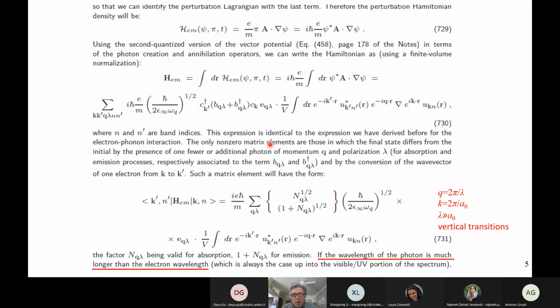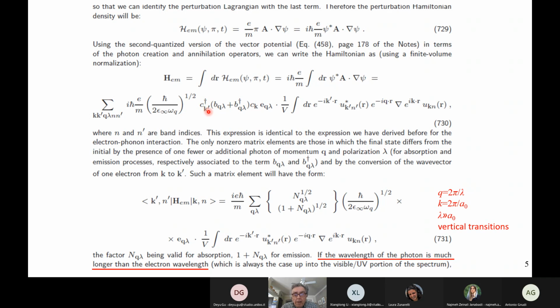Hamiltonian density. Okay, so of course the only non-vanishing matrix elements that we have to consider when we want to consider these sorts of radiative transitions are those in which we already have an electron with wave vector k. I'm ignoring spin here. If you have spin, you have to add an index that describes spin.